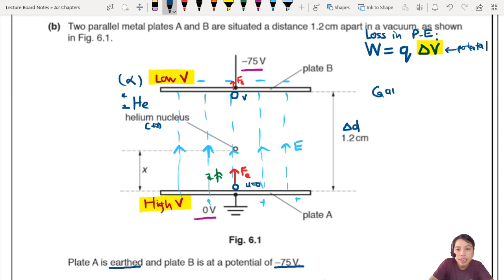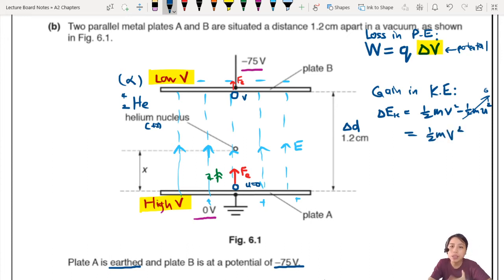So there is a gain in kinetic energy. Work done is the change in energy, so KE change is half m v squared minus half m u squared. But initial speed is 0, so we can ignore that. It's just half m v squared, with the final speed.